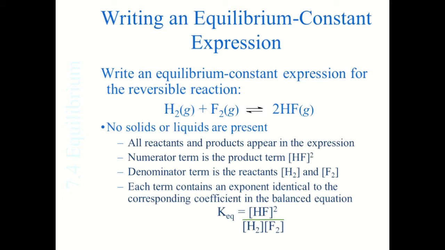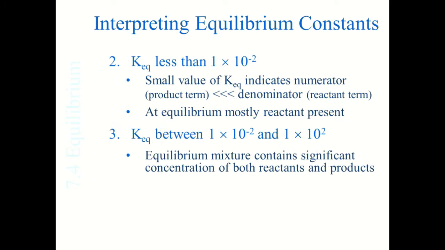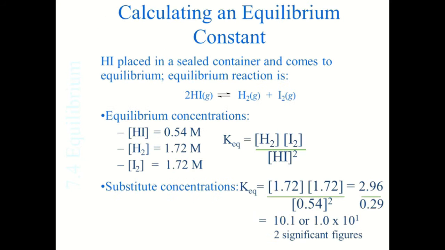Now you might have to calculate something here with the Keq, but it's real simple. Because all they'll do is give you the concentrations. They will say at equilibrium HI equals 0.54 molar, H2 equals 1.72 molar, and I2 equals 1.72 molar.